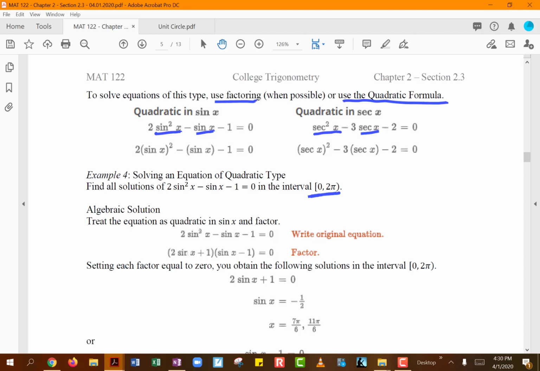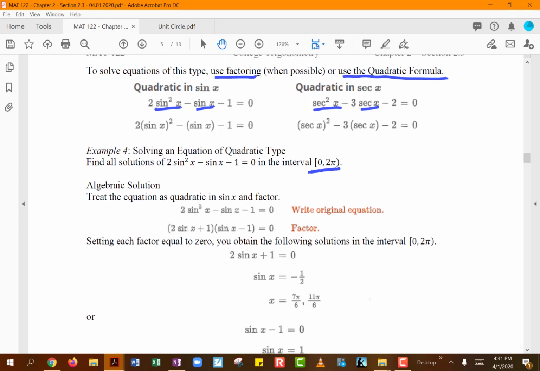If they would have just said find all the solutions and they did not specifically say in the interval 0 to 2 pi, then we would go ahead and do our general solution. Since this one is asking specifically for the interval, you will not have to worry about adding the 2n pi like we did with the previous examples. So let's take a look at this guy here.